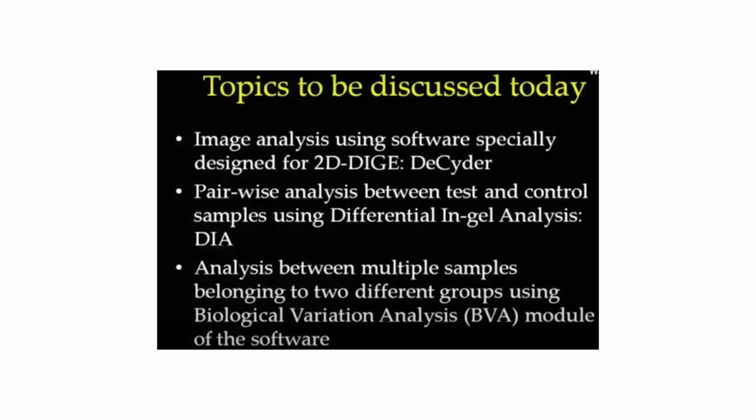There was pairwise analysis between test and control samples, indicating the statistical analysis, the t-test, and there was analysis between multiple samples belonging to two different groups using the biological variation analysis module of the software. This whole part was taught by sir and one of the professors in different lectures, part one, part two, and part three. I'll just be giving a gist of the whole two lectures.